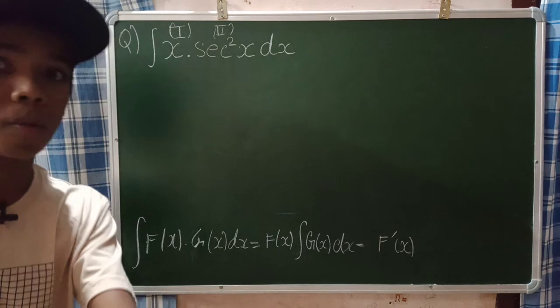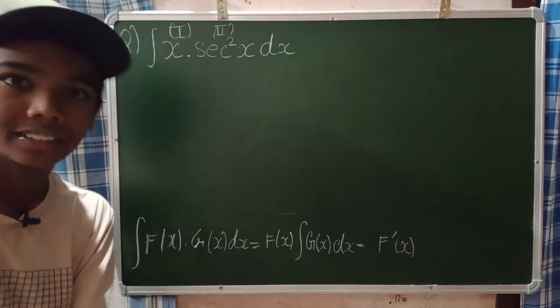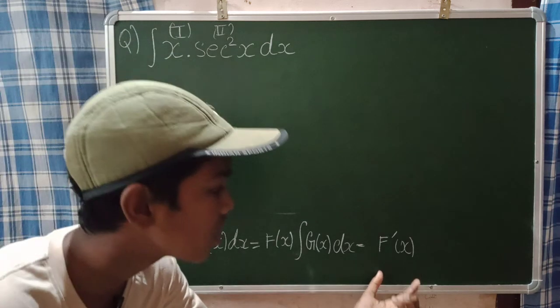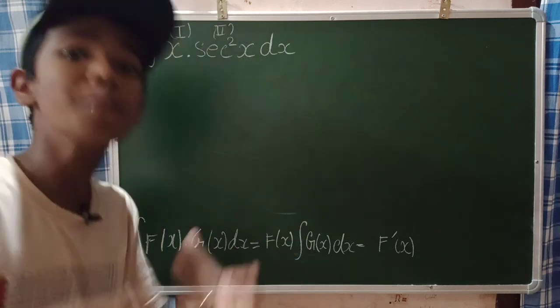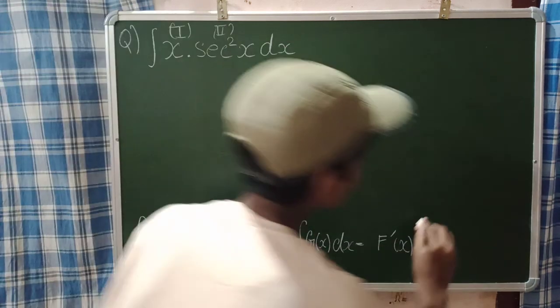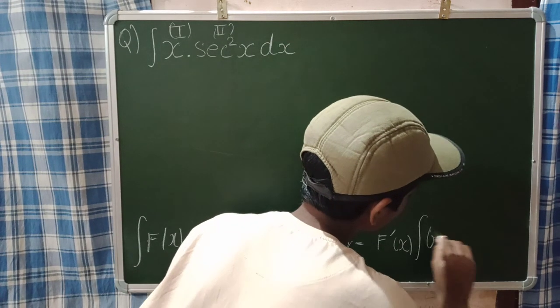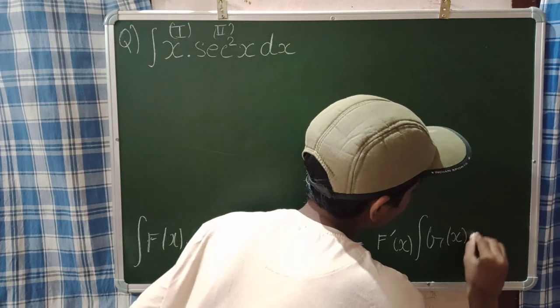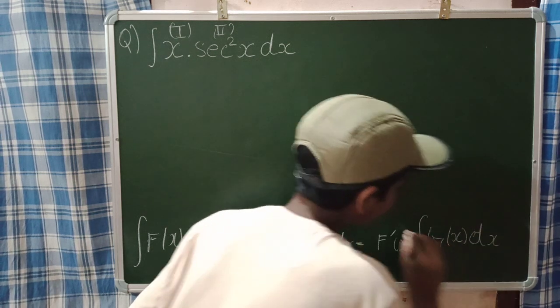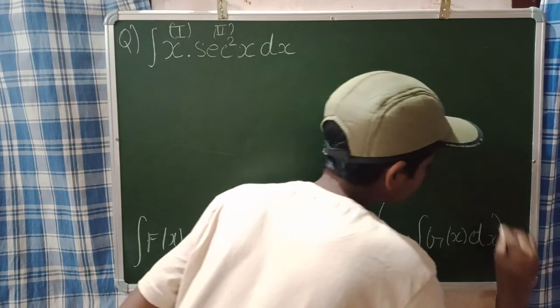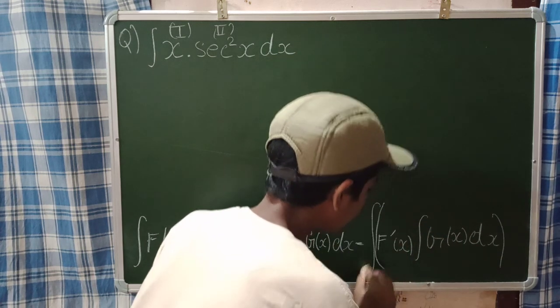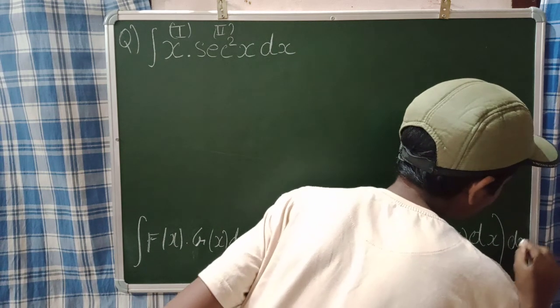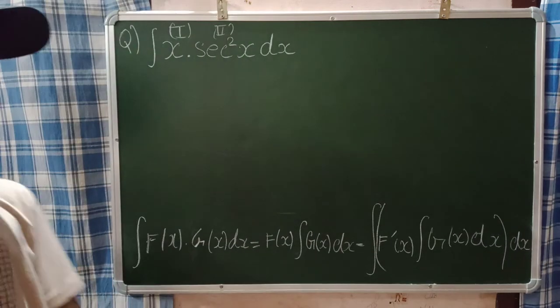These things you should know, because 12th standard guys, these you should know. So the derivative of f of x is f dash of x, into the integral of your second function, which is the integral of g of x dx, then I will integrate this whole expression by putting a dx here, and this is what our by parts rule says.